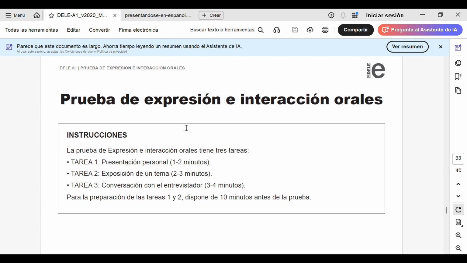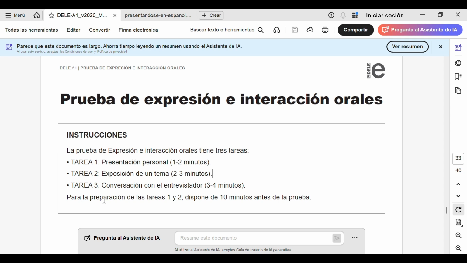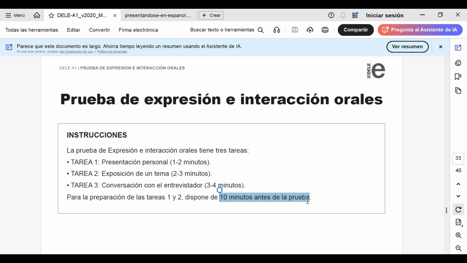So, for example, for Megan, who is the first one, it says hora preparación. So, this preparación is the 10 minutes that they are talking about here. Okay? 10 minutos antes. So, antes meaning before la prueba.